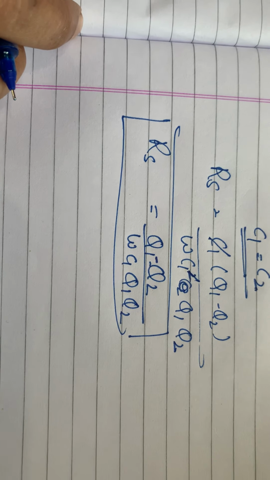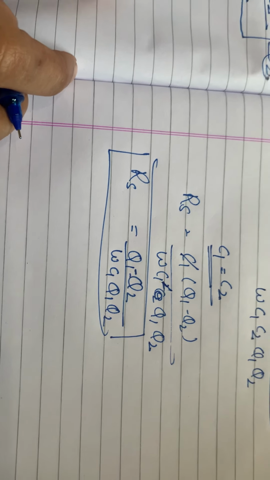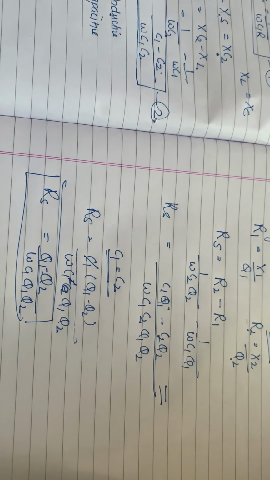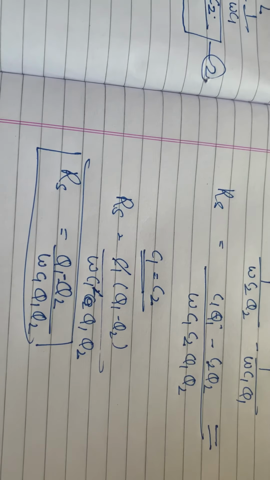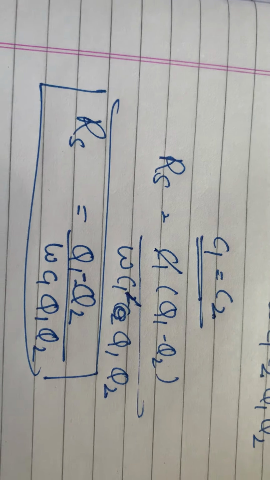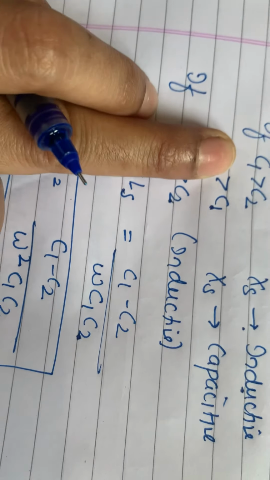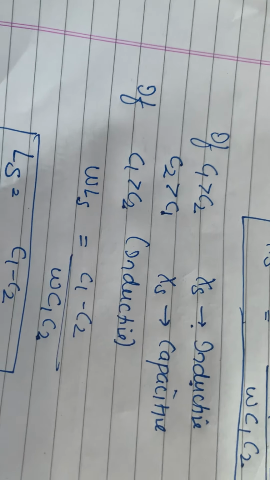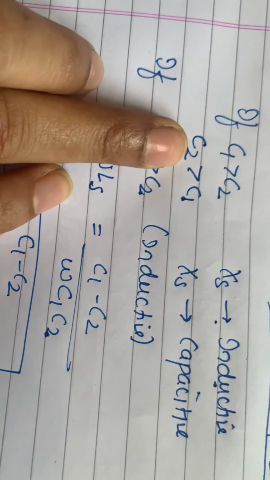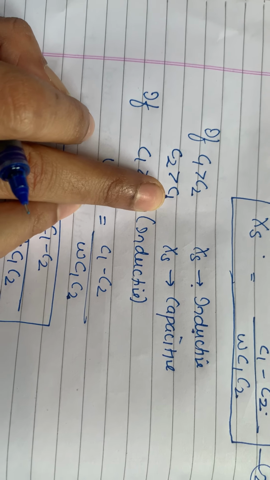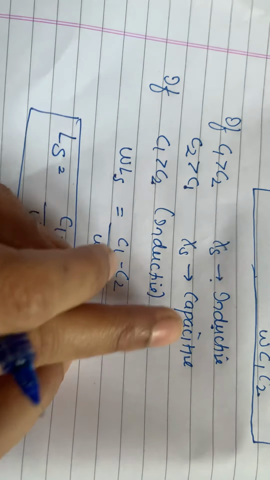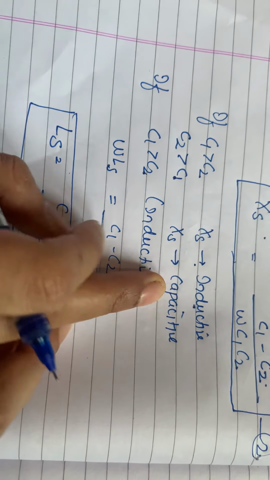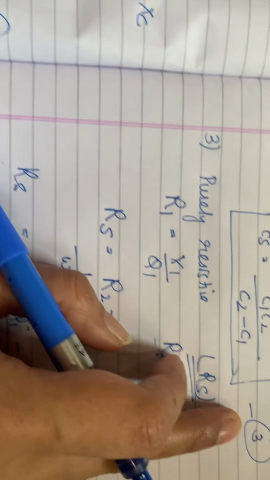So far we are able to find out the equation of XS, and how to determine whether it is inductive, resistive or capacitive in nature. See, if C1 is equal to C2, nothing has been changed, it is resistive in nature. If C1 is greater than C2, you get to know it is inductive in nature, and then you can simply find out Ls. If your finding is C2 is greater than C1, then you know that XS is capacitive in nature, and then you can use equation number 3.